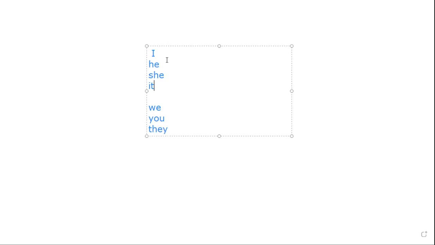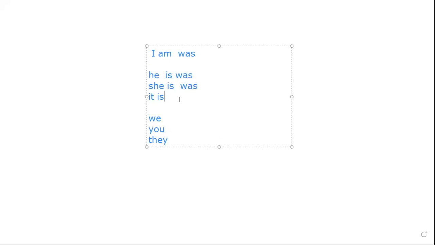So what we do is, since in the present we have I am, and in the past am becomes was. In the present we have is with all of these pronouns, and in the past it becomes also was for all of them. And in the present for these three pronouns, it's are, the verb to be.